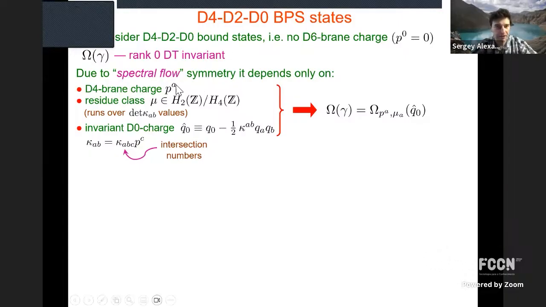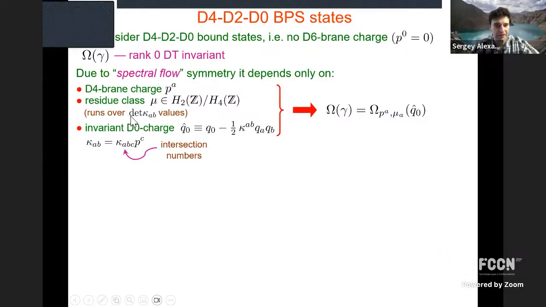So the BPS index will still depend on the full D4 brane charge. Also, there will be dependence on the D0 brane charge, or more precisely on its shifted version, which I denote by q0 hat, and which stays invariant under this spectral flow symmetry. But what is important is that instead of the full dependence on the D2 brane charge, there will be dependence just on the so-called residue class. And it's important because this guy takes only a finite number of values.